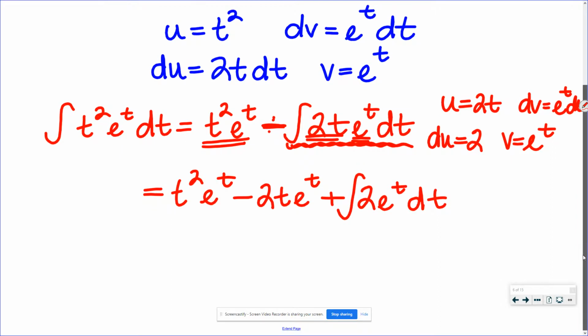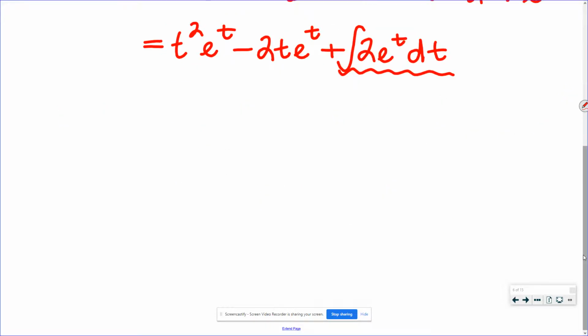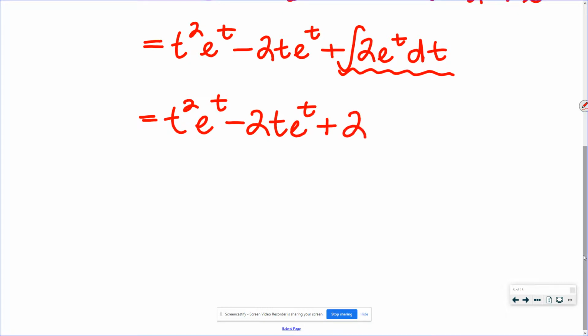Now I can go further and integrate this last part because it's just a constant with the e to the t, it's just 2 in front, so that's something I can integrate now. So it would be plus the antiderivative of e to the t, which is e to the t. So I just need a plus c and I am done.